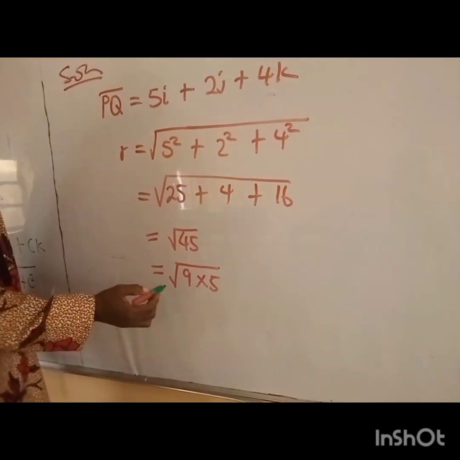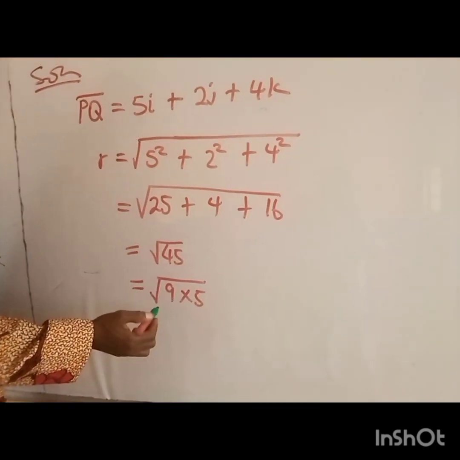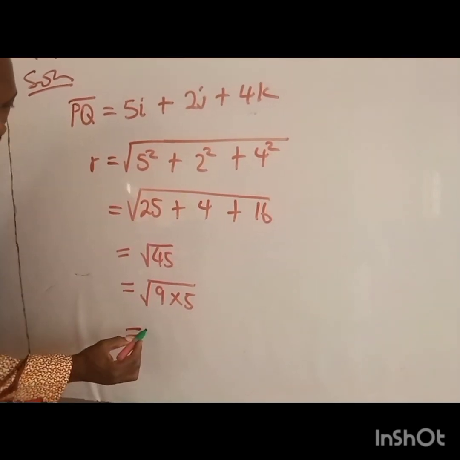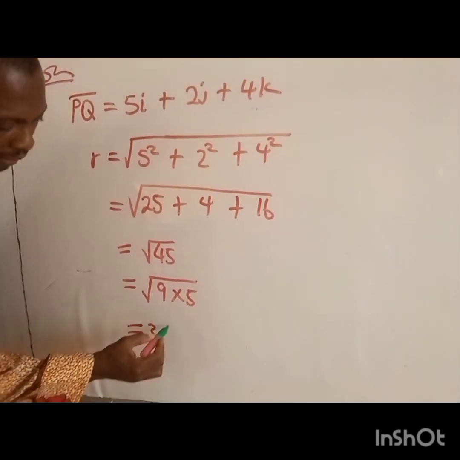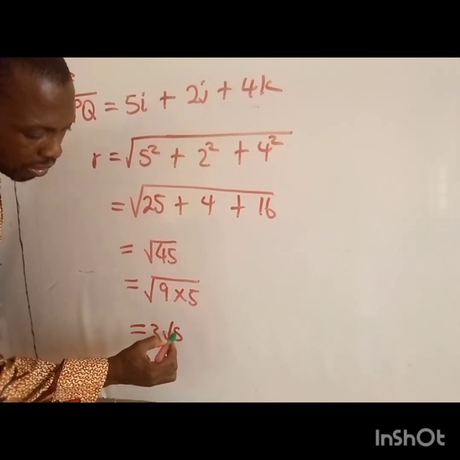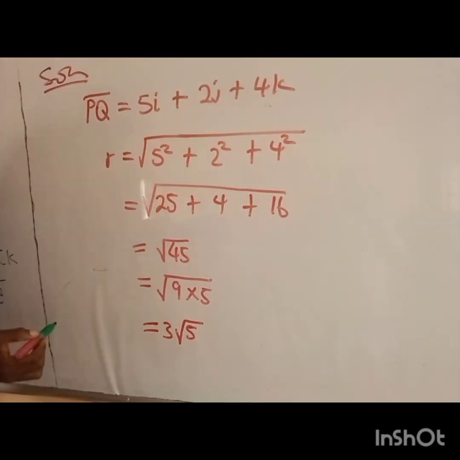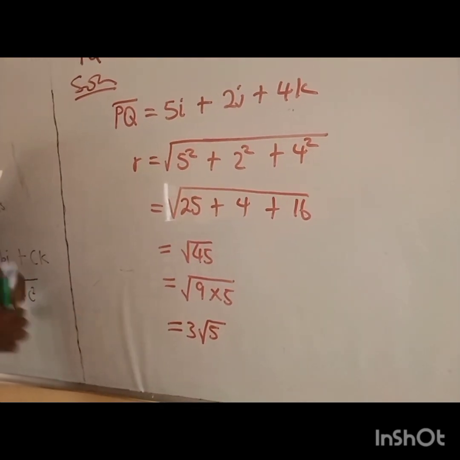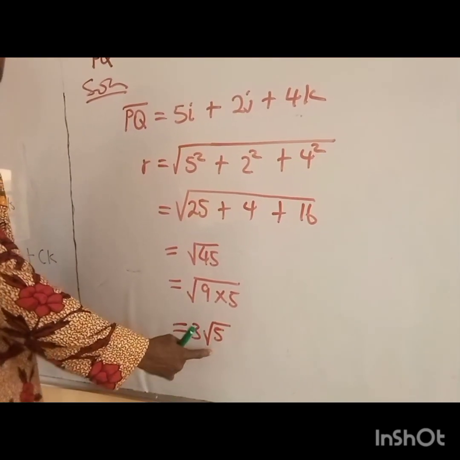So the square root of 9 times 5 gives us 3, and 5 you leave under the square root. So the magnitude of this vector is 3 root 5.